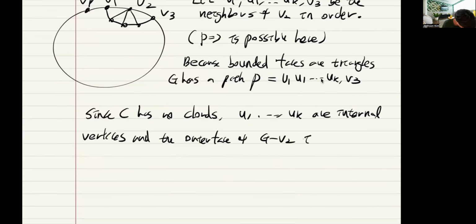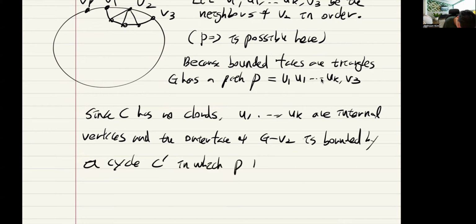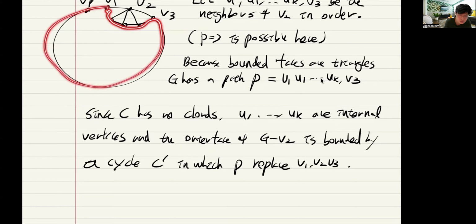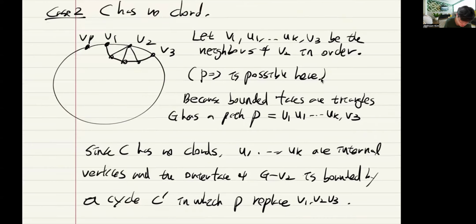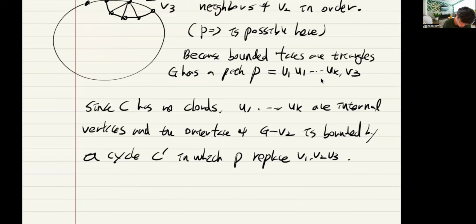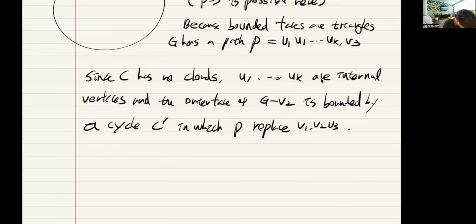This is bounded by cycle C prime, in which P2 is replaced by P1, V2, V3. So this is C prime. So that's the outer face of G prime, which is G minus P2.